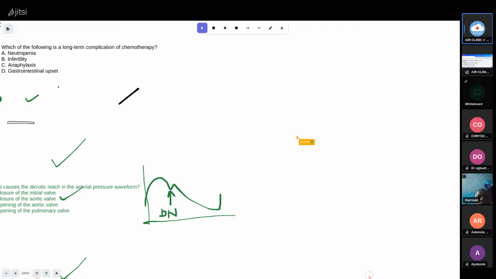There's something about pellagra. Which vitamin causes pellagra? B3? You know those B vitamins, they have names.